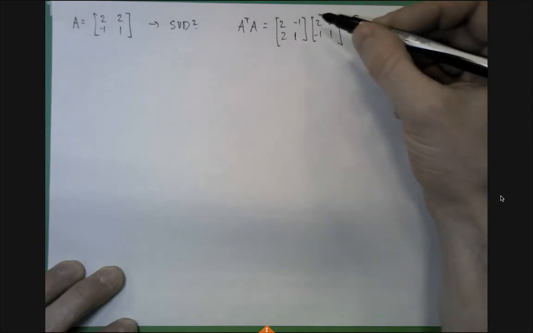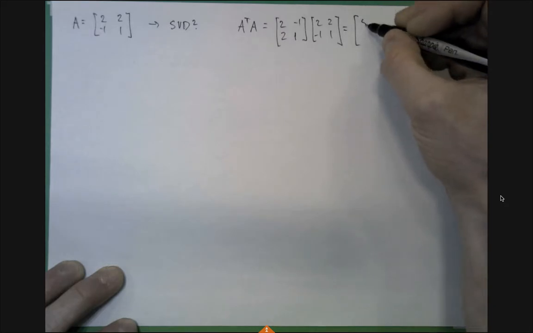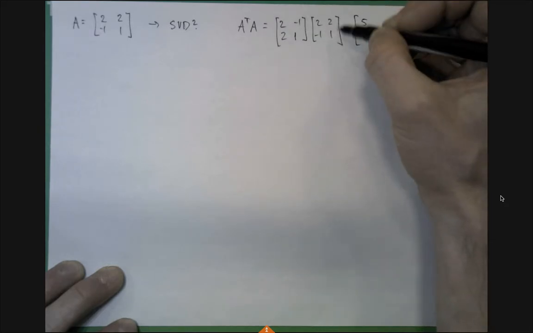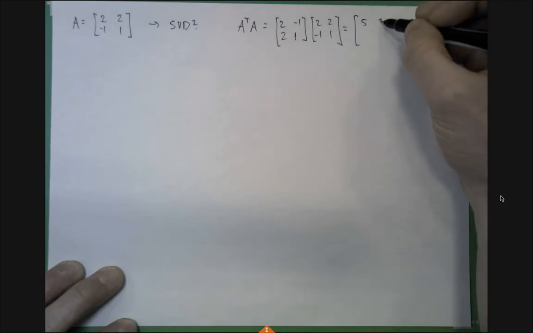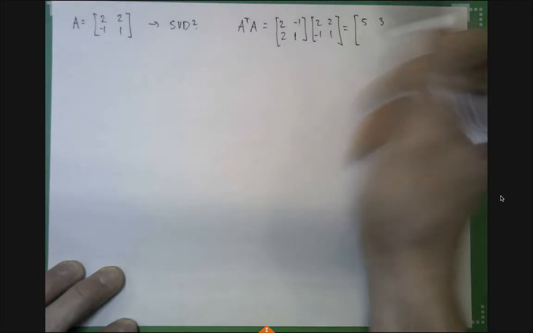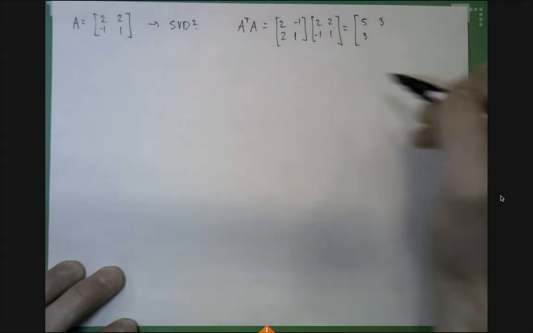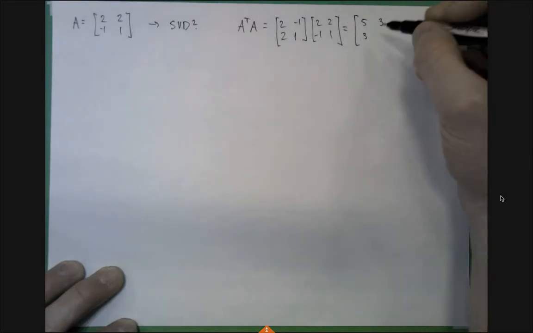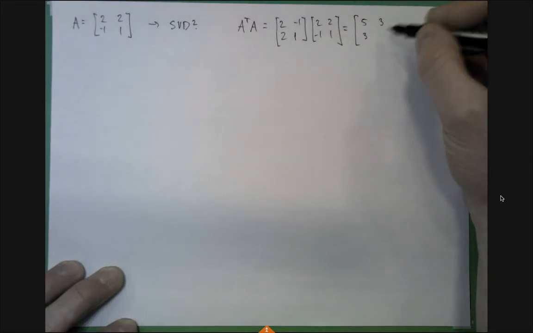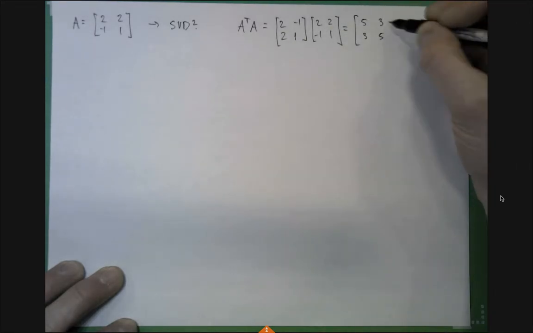So this would be 4, 5, right? This would be 4 minus 1, that's 3. This has to be symmetric again, so I can already write 3 here. And this is again 4 plus 1, which is 5.